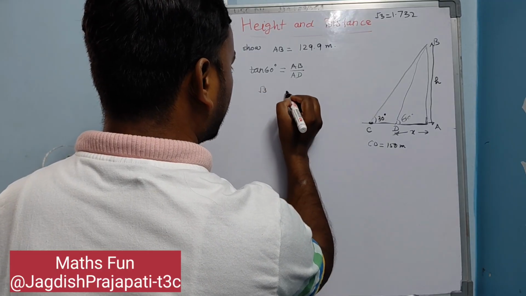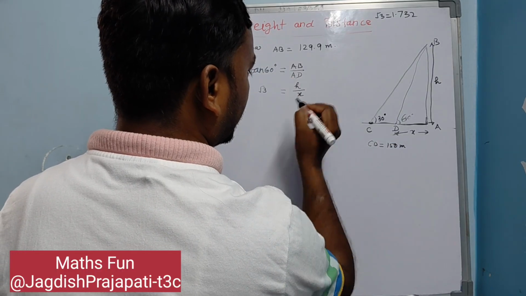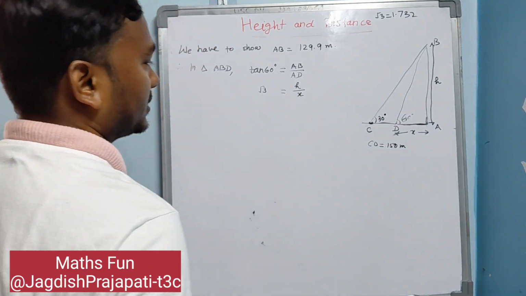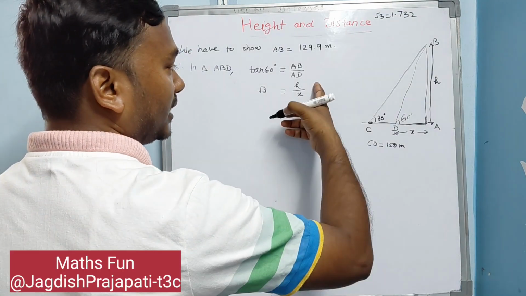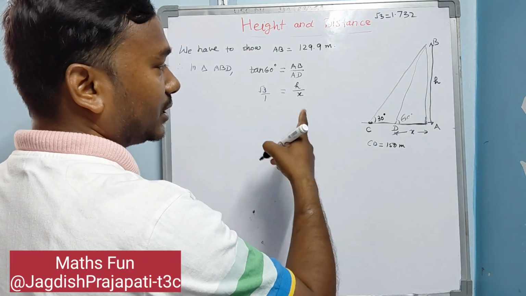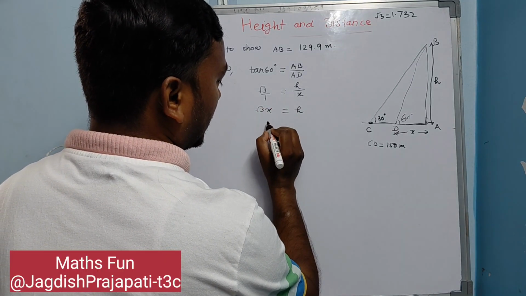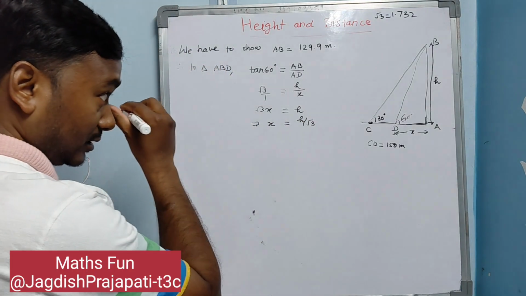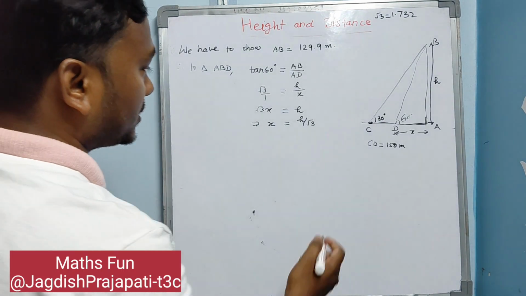Tan 60 is root 3, AB is H, and AD is X. We have assumed AD is X and AB is H. We have to find H, so let us form a relation for X in terms of H. So root 3 X equals H, or X equals H by root 3. This is one.